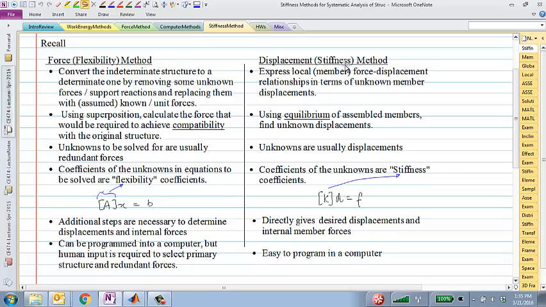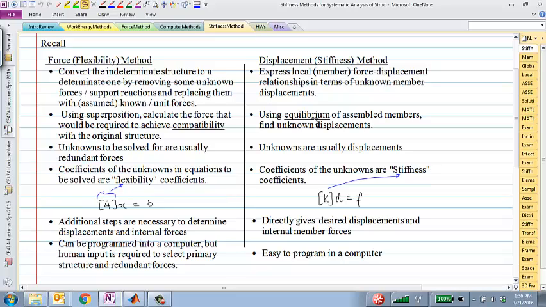And the idea is that if we can figure out how each truss member behaves, meaning if I have a truss member in a certain orientation in space, then if I can figure out the force displacement relationship of this one element, then I can do that same force displacement relationship for every other element in that truss, assemble the force displacement relationships together, and then use equilibrium to solve for all the displacements directly.